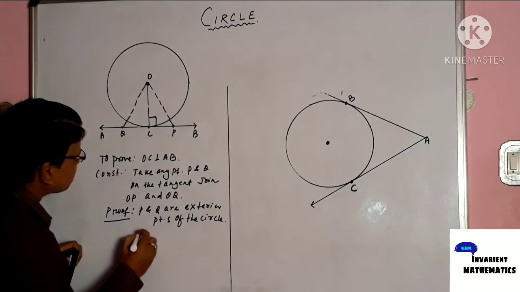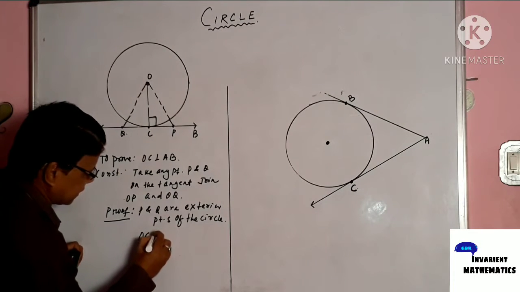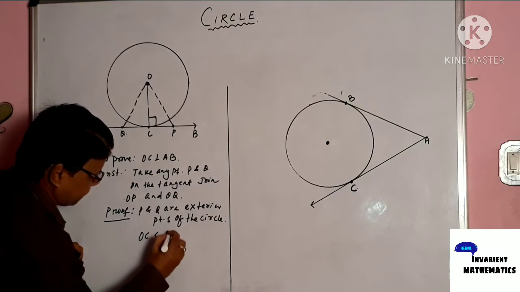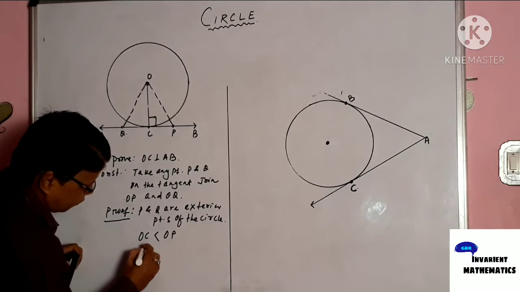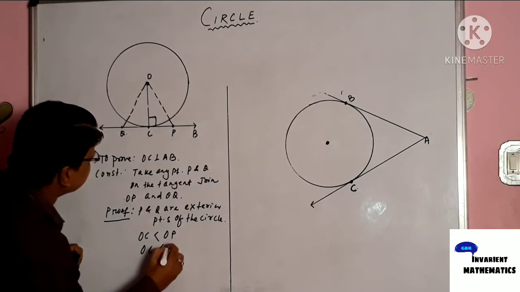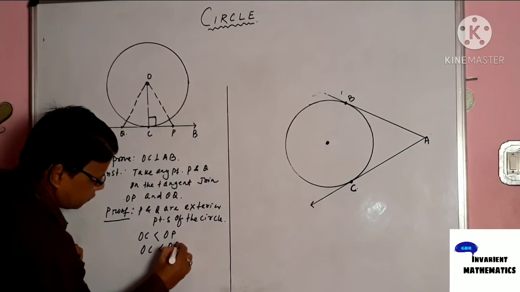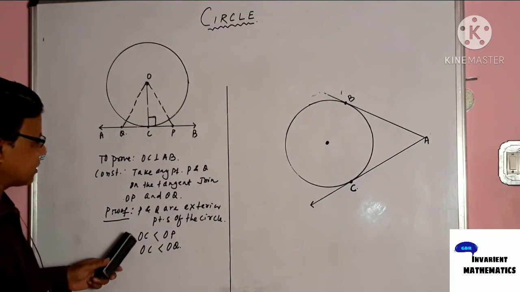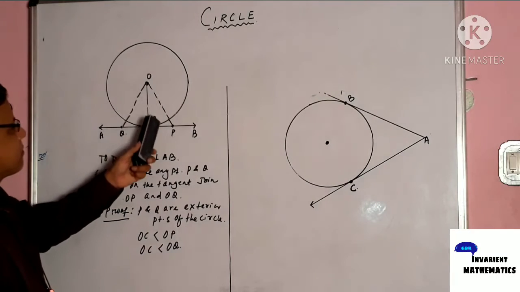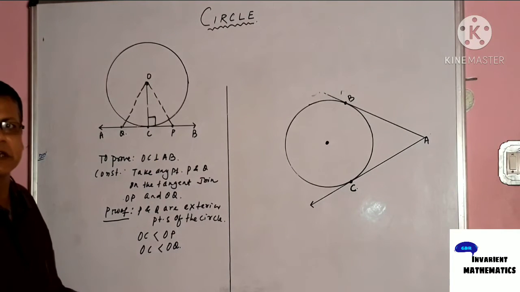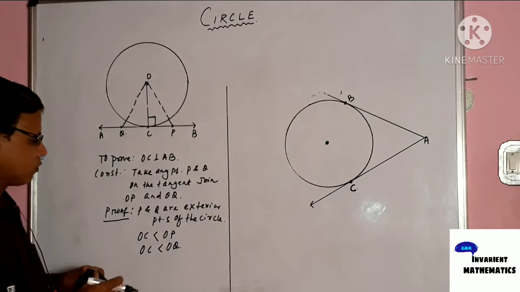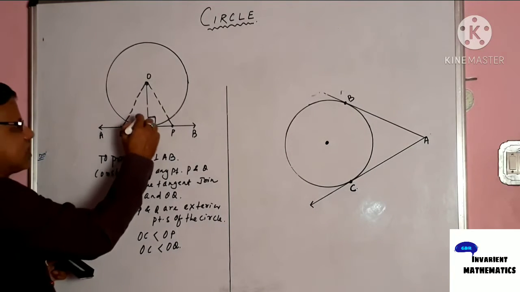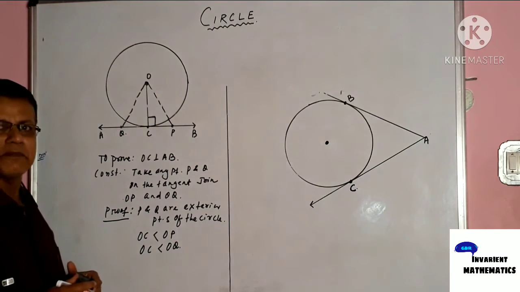That means OC is less than OP and OC is less than OQ, which implies that OC is the smallest distance between the point and the line AB, or the tangent AB.